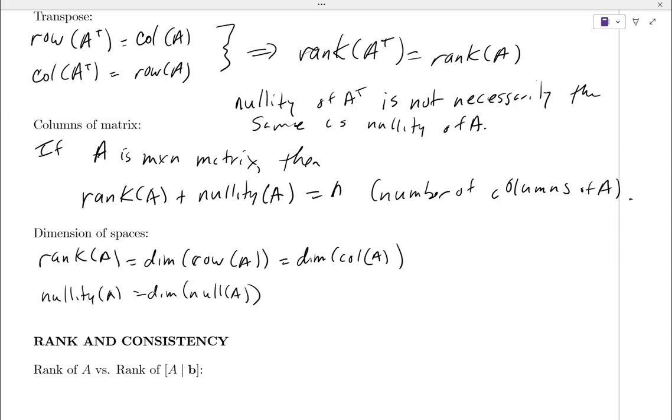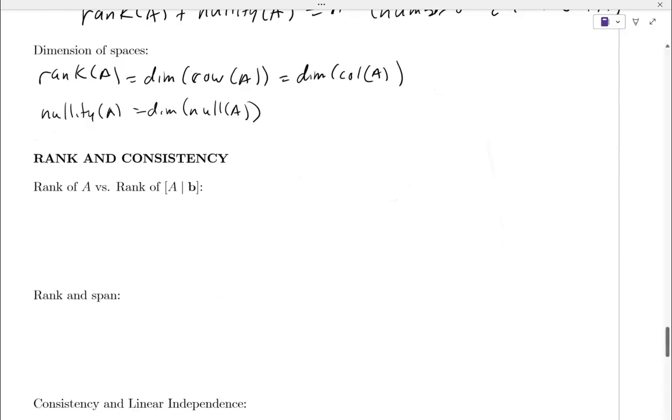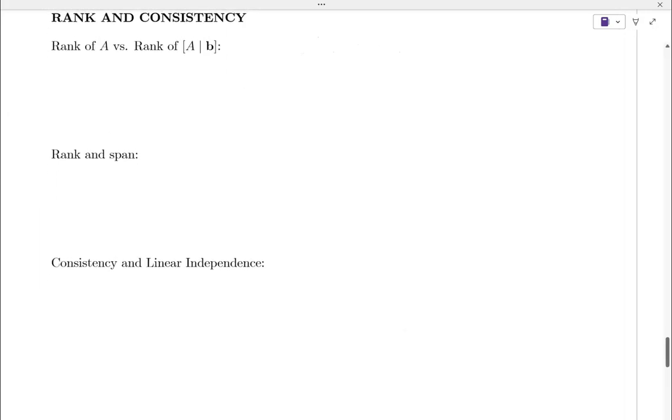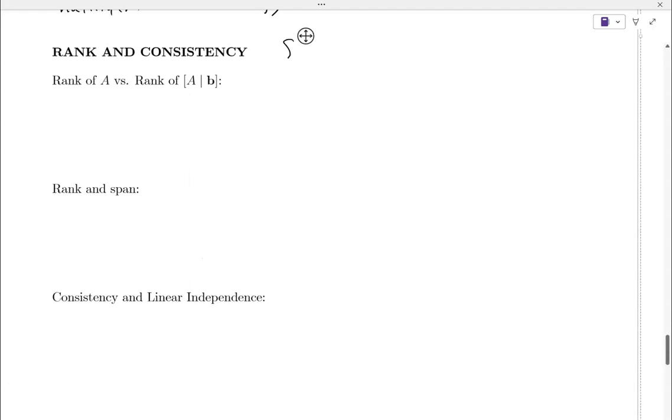All right. So we also talked about this last bit. Let's suppose that A is an m by n matrix, just so I can refer to the m and the n. We talked about this first part last time.